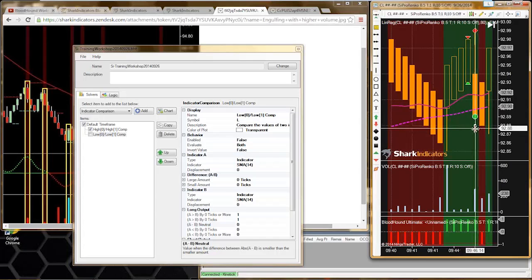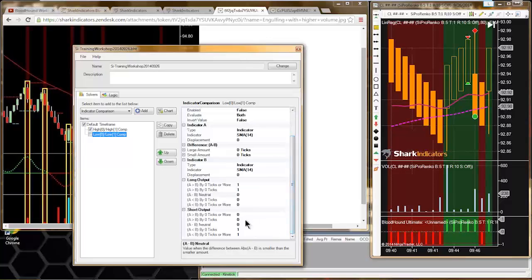But all we have is just a long signal here. So we either need to reverse our logic, or an easier way to do this is to make a kind of universal signal here.